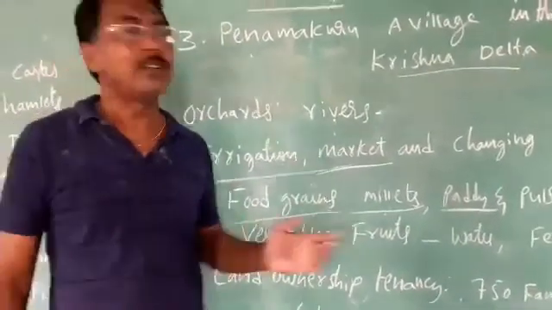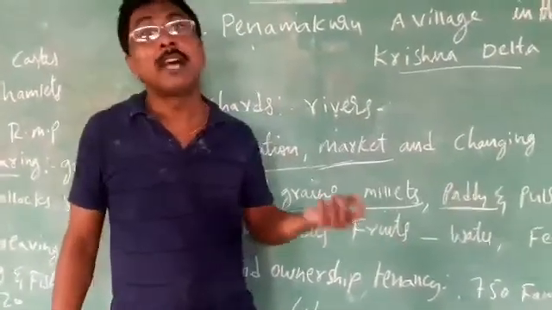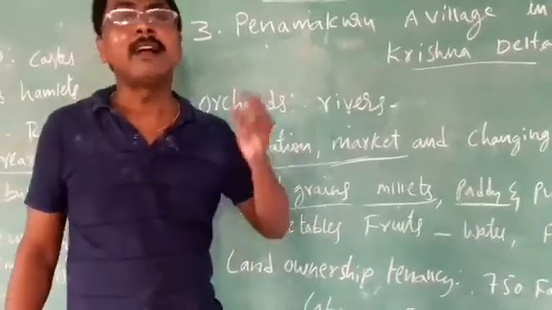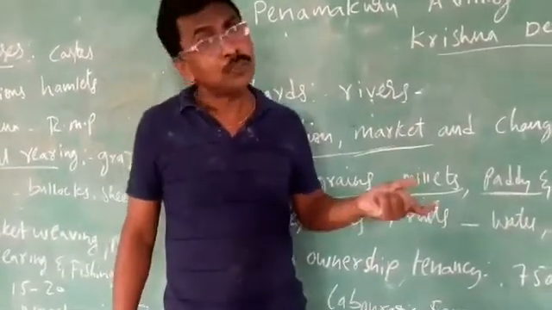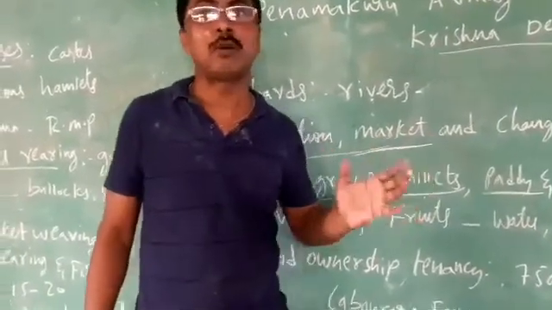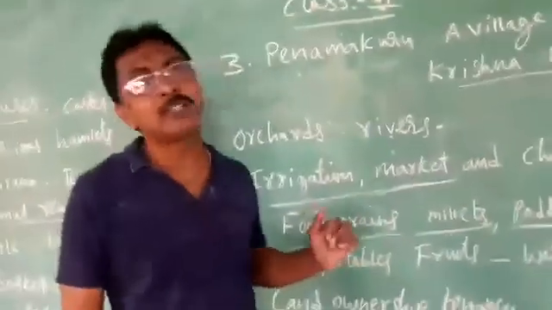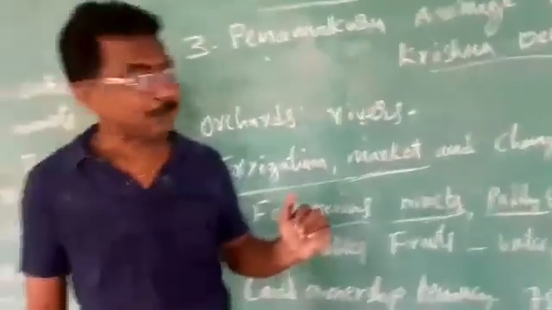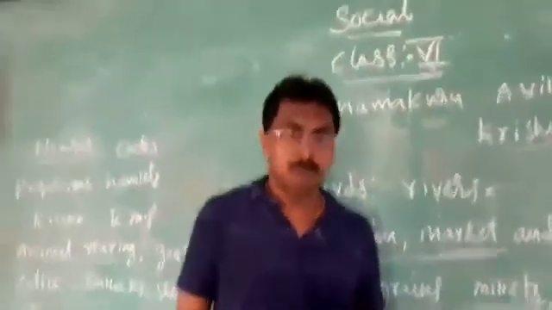Sugarcane, turmeric, and some fruits and vegetables come under cash crops. Why? Because a lot of money is earned from these. So we call them cash crops, like sugarcane, turmeric, cotton.